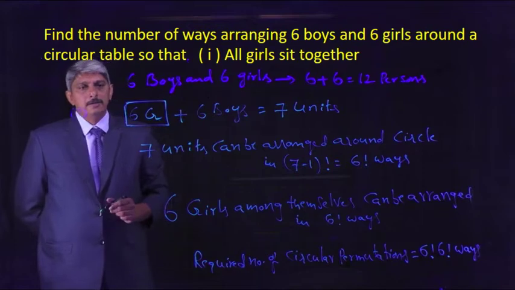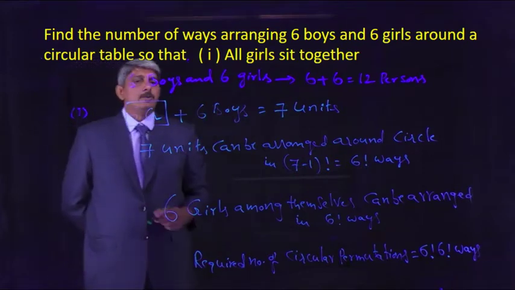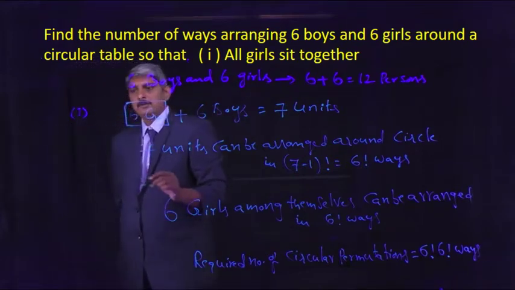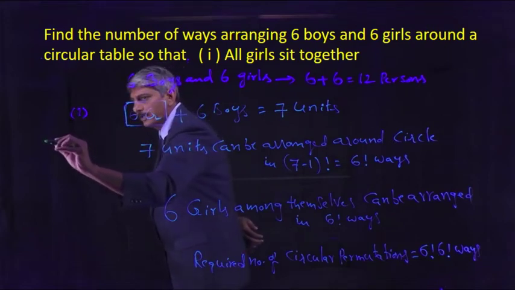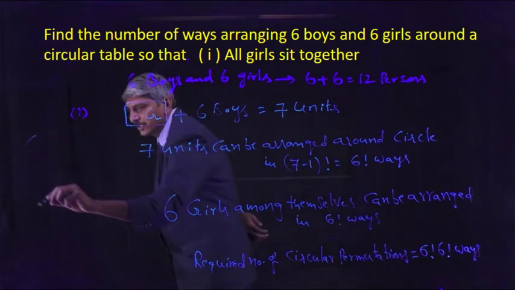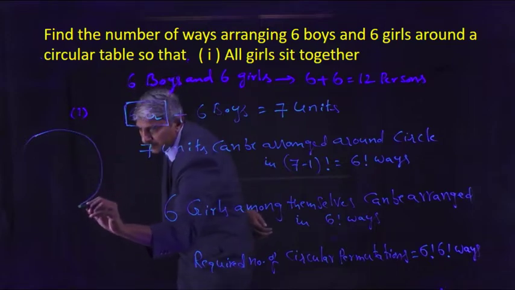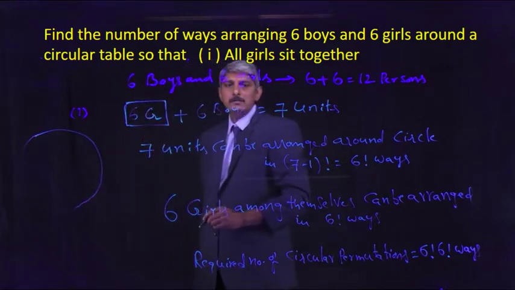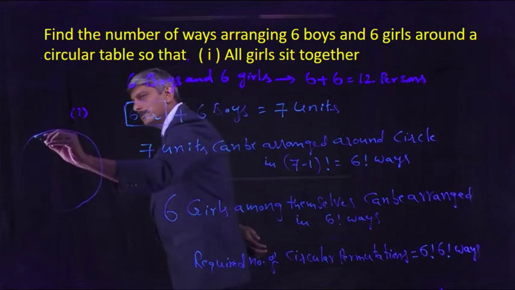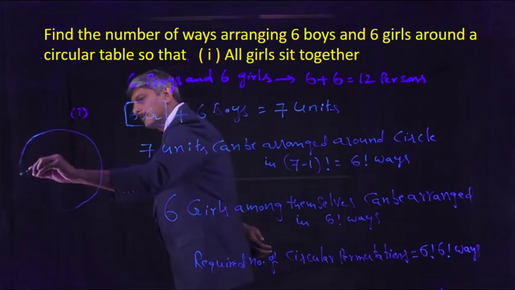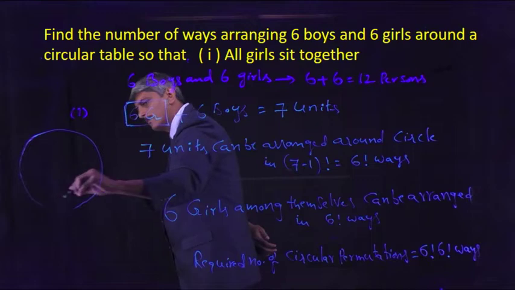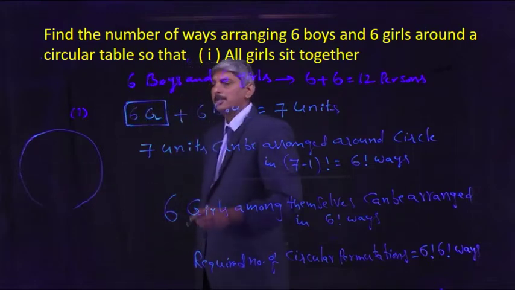So here there are 6 boys. Let us see the diagram. We consider a circle. On the circle, 6 boys and 6 girls.